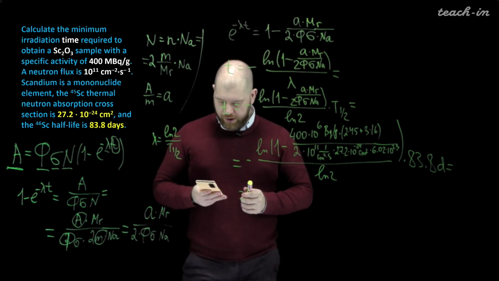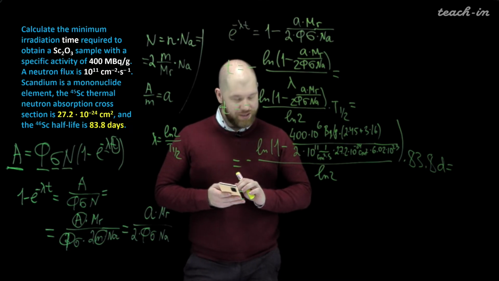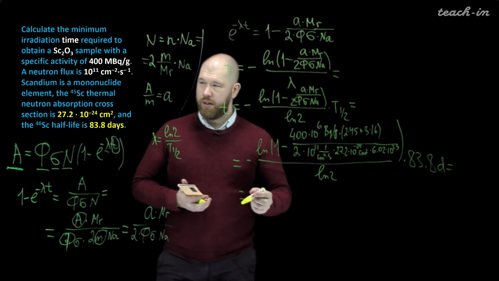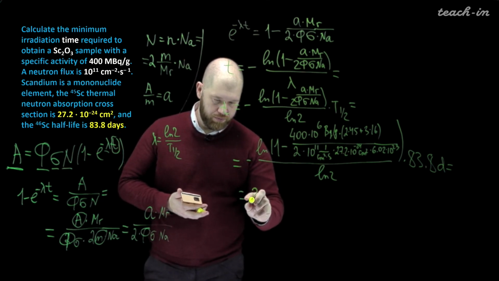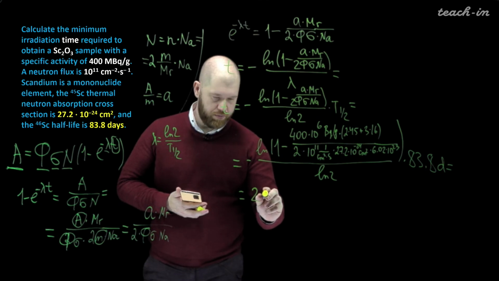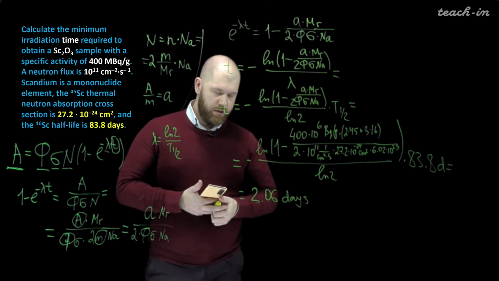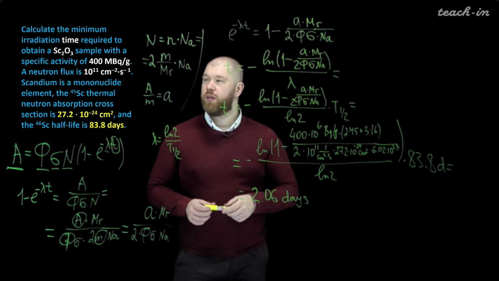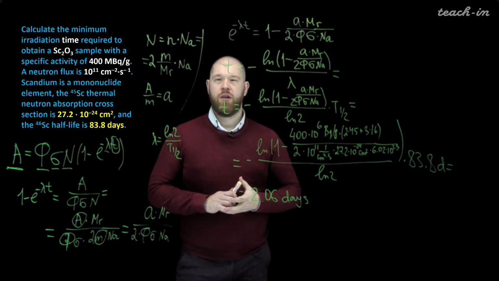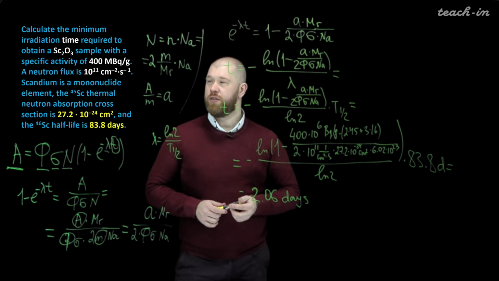Now try to calculate all these numbers. Finally, the answer will be 2.06 days. So we will need only 2 days for irradiation of our scandium oxide sample to get this specific activity.